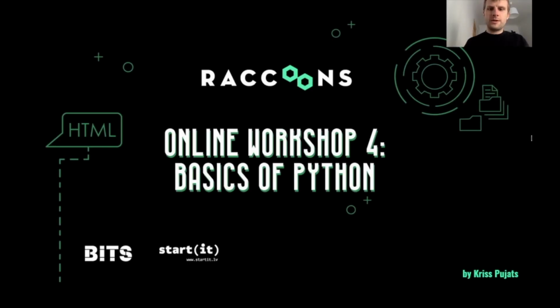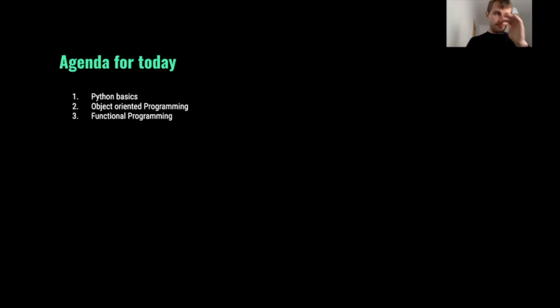Okay, welcome to the second part of the online workshop number 4 about the basics of Python and backend development. In this part, we'll be looking at just plain and simple Python language syntax, and then we will touch the object-oriented and functional programming paradigms.